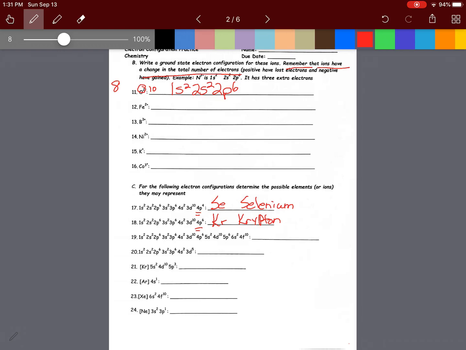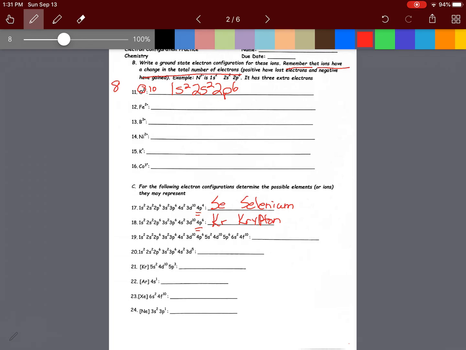It could also be something that has lost or gained 2 electrons, right? A p4 that has gained 2 electrons, or a p5 that has gained an electron. But for the purpose of this, we're just going to say, which elements do these electron configurations work with?